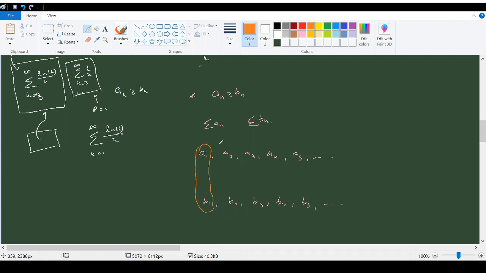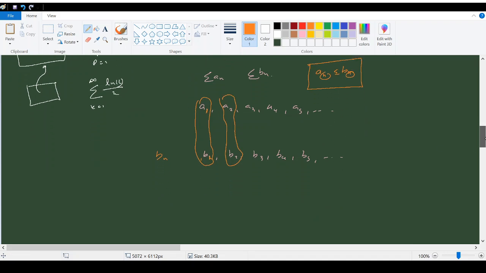A1 with B1, A2 with B2, but we are not going to compare A2 with any other term in the sequence Bn. We are just comparing the similar terms only. What I mean by similar terms is the ones with the same indexing. So we compare An with Bn only, so we only need this relationship for the comparison test.